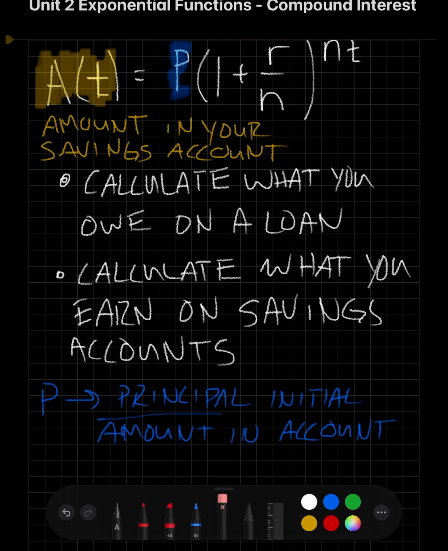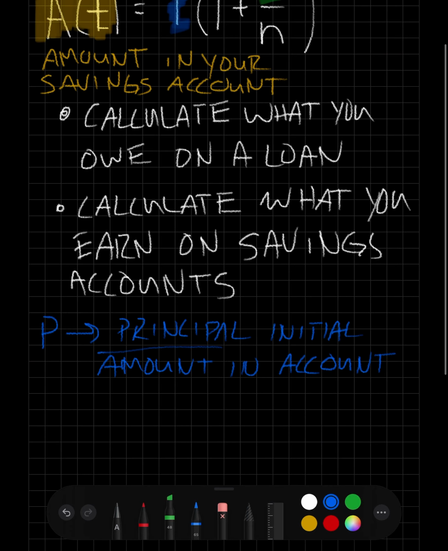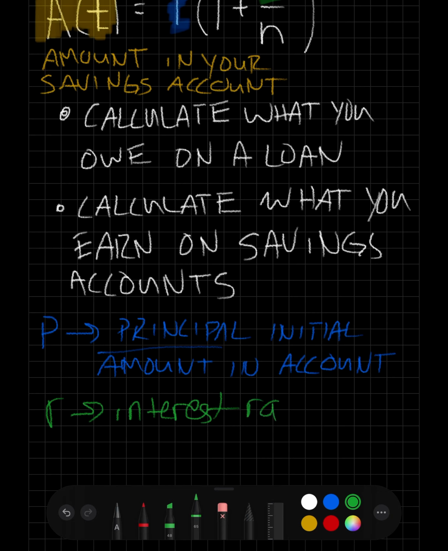And this thing I highlighted in red is your growth factor, but it's made up of a few different pieces. Notice we have an r and an n, and that n shows up twice in the equation. What is this r? r is your interest rate, and you write it as a decimal when you use this formula.